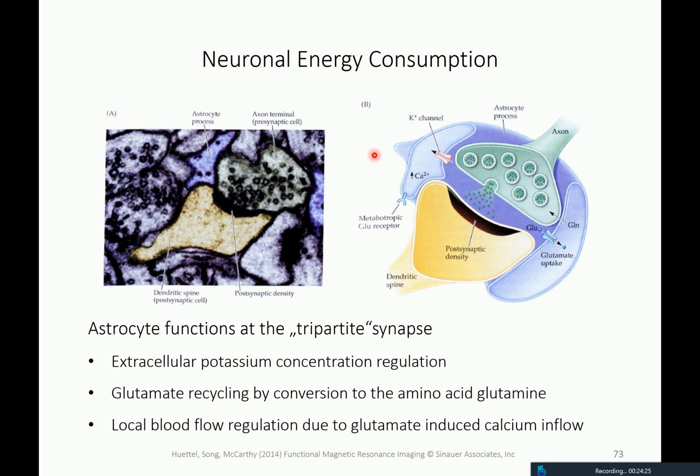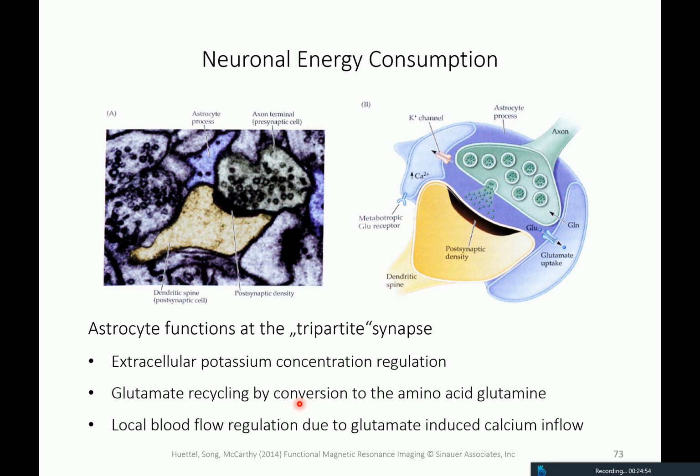And then the idea is that they are sitting here at the synapses, so they are sensitive to synaptic processing. For example, if in a local brain area there's now some activity and synapses are firing like wild, they have to do a lot of glutamate uptake and regulating the extracellular potassium concentration.